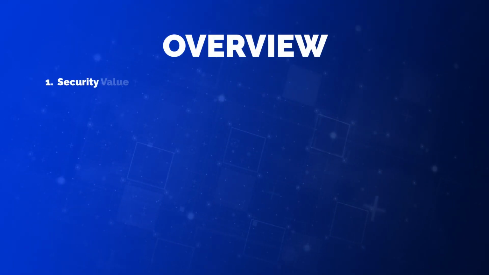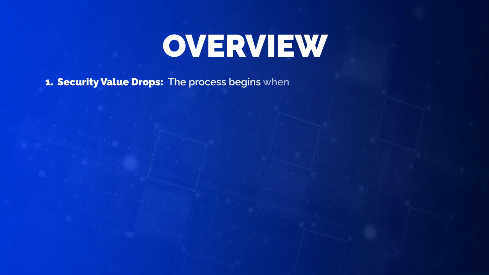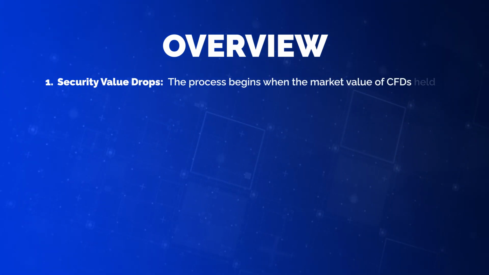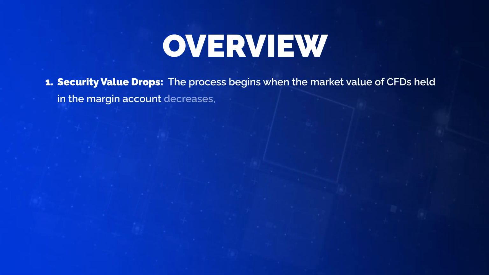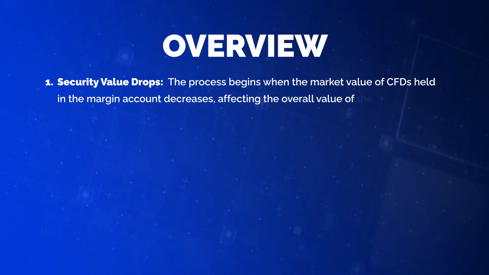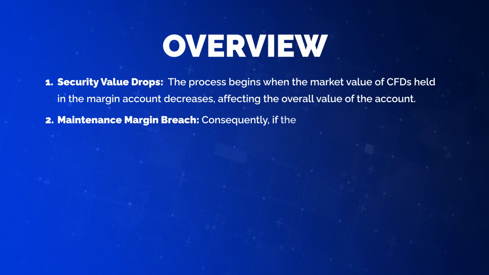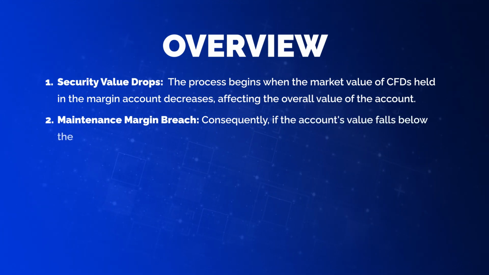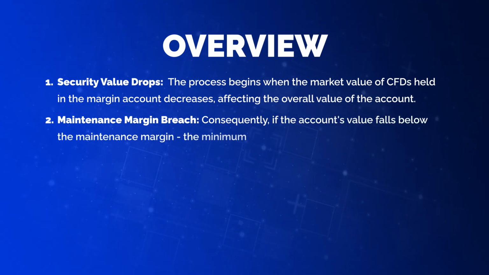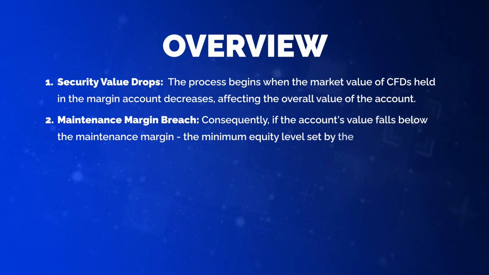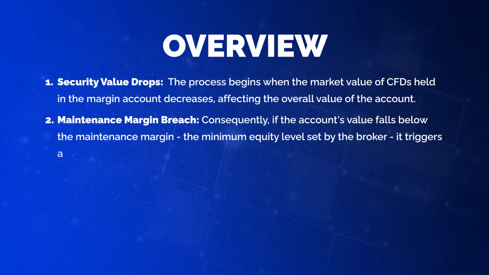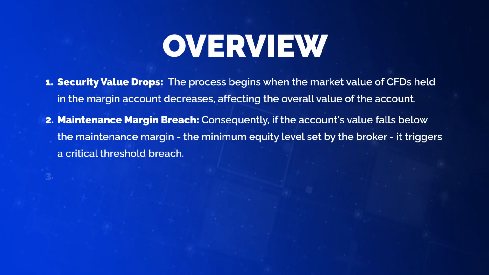1. Security value drops. The process begins when the market value of CFDs held in the margin account decreases, affecting the overall value of the account. 2. Maintenance margin breach. Consequently, if the account's value falls below the maintenance margin, the minimum equity level set by the broker, it triggers a critical threshold breach. 3.